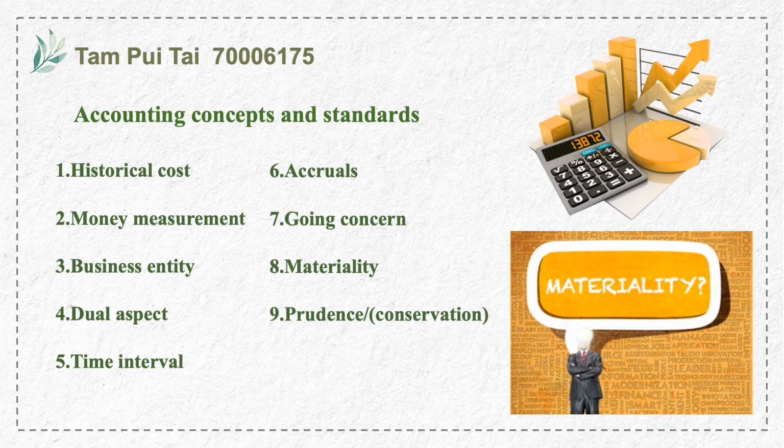It states that there are two aspects of accounting, one represented by the assets of the business and the other by the claims against them. Number 5, time interval. It requires that an entity will prepare financial statements at regular intervals during the year.